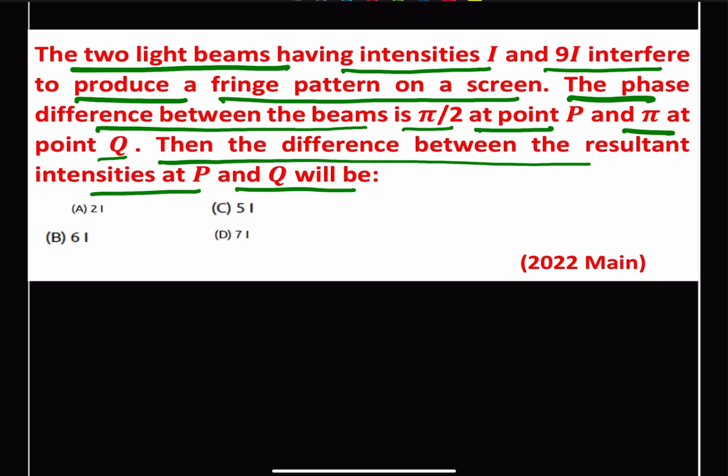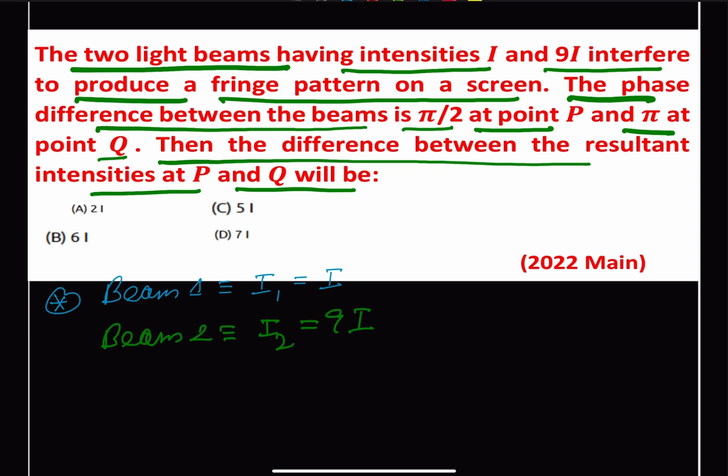So we are given two intensities. Let us call them beam 1, having intensity I1, that is equal to I, and then we have beam 2, let us call this I2, having intensity of 9I. We are also given the phase difference.